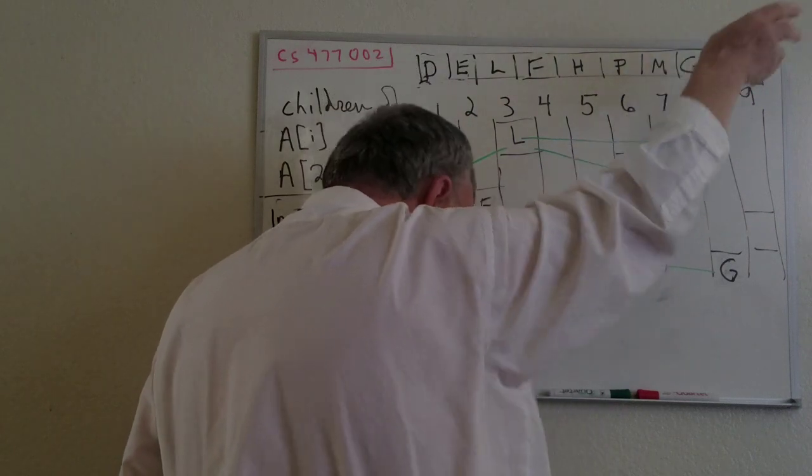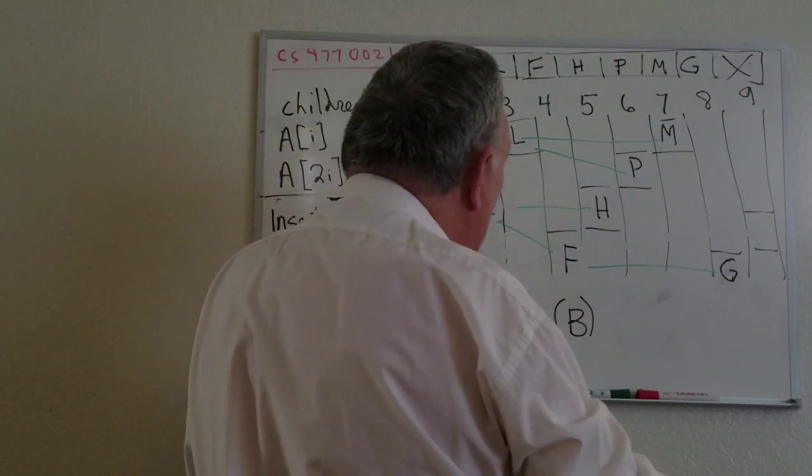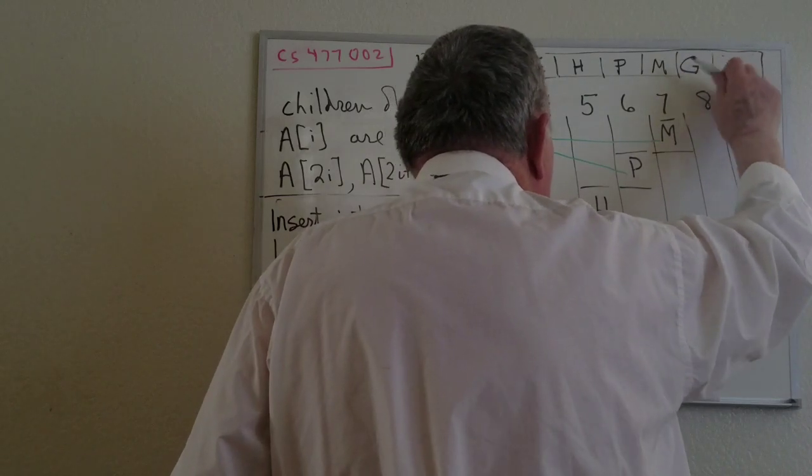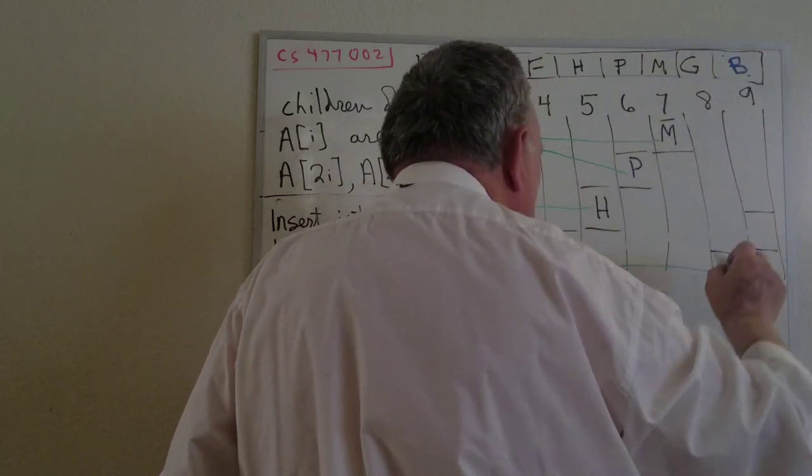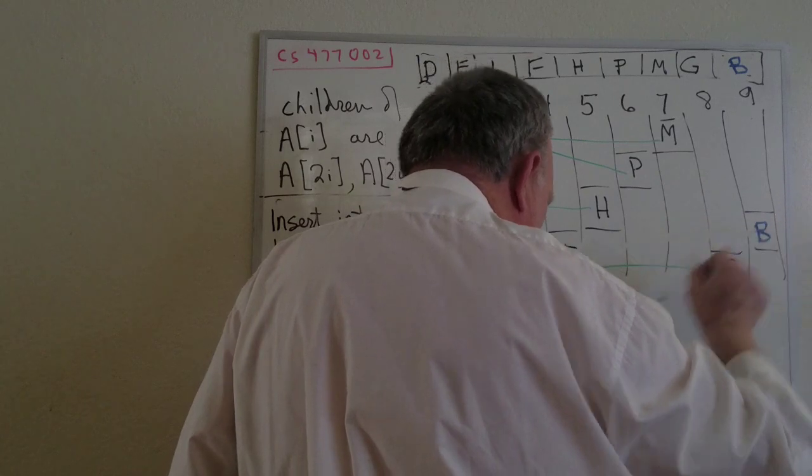We can't go skipping over things, which means that the new thing B has to be placed there. And so there it is.